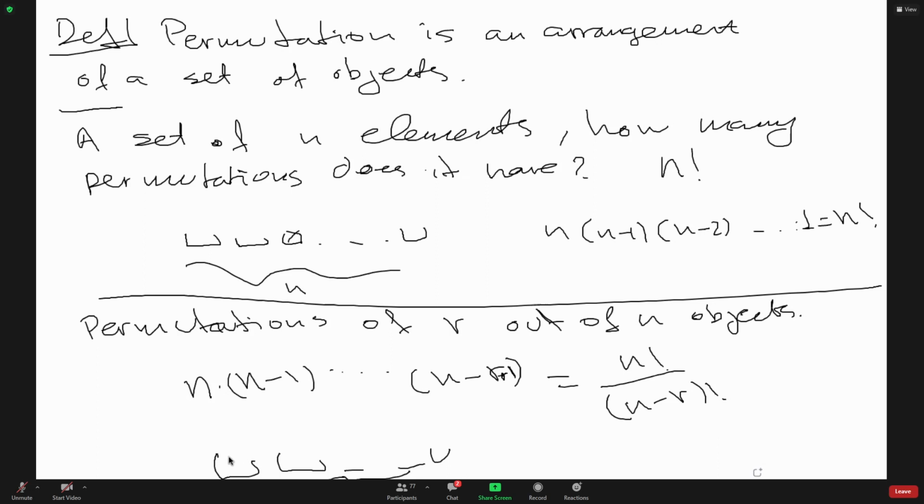I can choose any of the objects. In how many ways can I fill the second position? Well, n minus 1, because I used one already, right? Yes. Continue like that, and you will have to do this r times, and it is n minus r plus 1 ways for the last one.